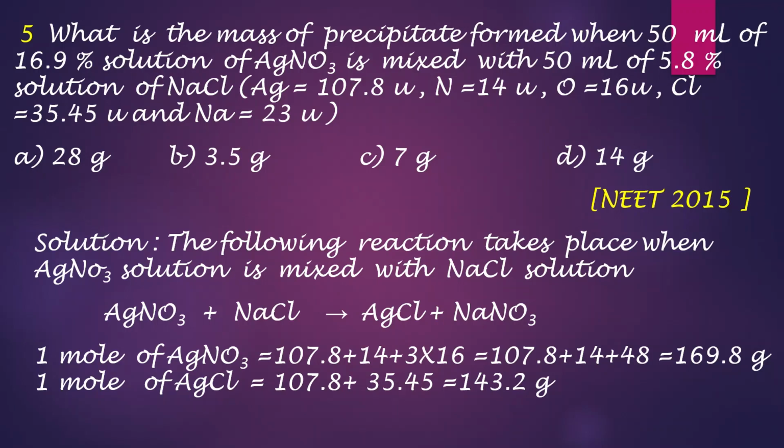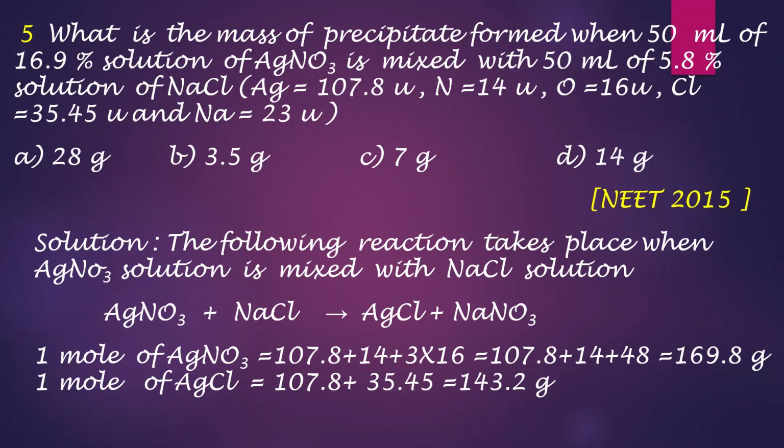So dear friends, 169.8 gram is the molar mass of AgNO3, and it is obtained by adding the gram atomic mass of all the atoms present in one molecule of AgNO3. So AgNO3 contains one silver atom, one nitrogen atom, and 3 oxygen atoms. So we have to add the atomic mass of all these 3 elements.